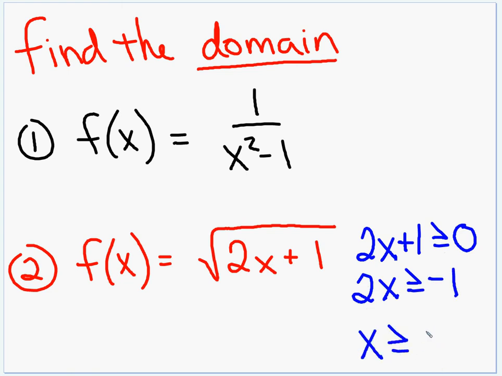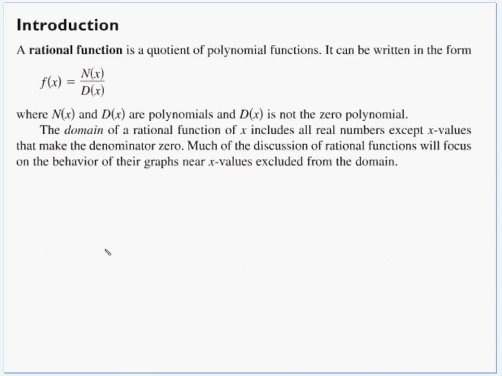X must be a number greater than or equal to negative a half. If you plug in a number less than that, we're going to get a negative under the radical. Like if I put a negative 2 under the radical, that would multiply to a negative 4. Negative 4 plus 1 is negative 3. No negatives under radicals.